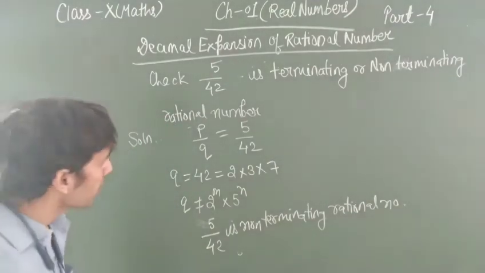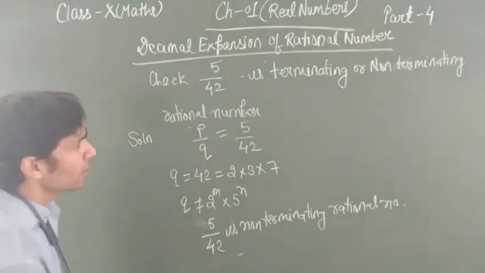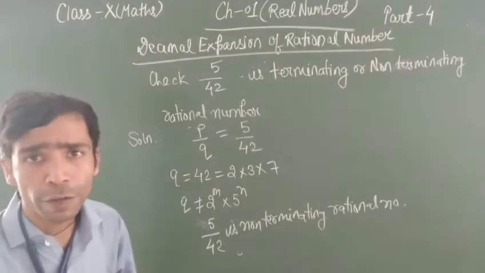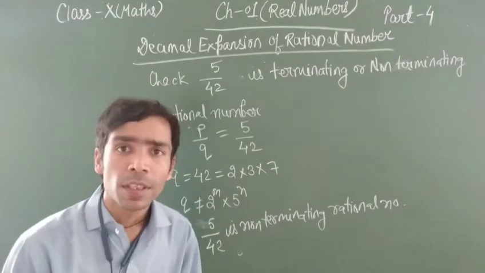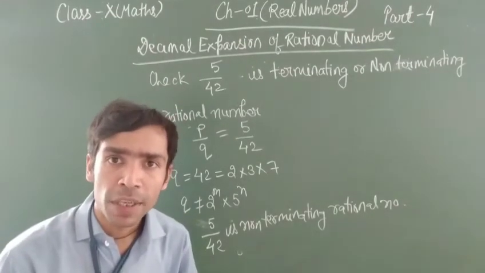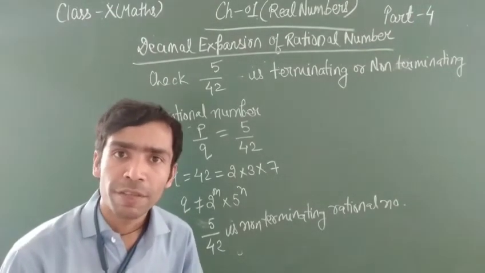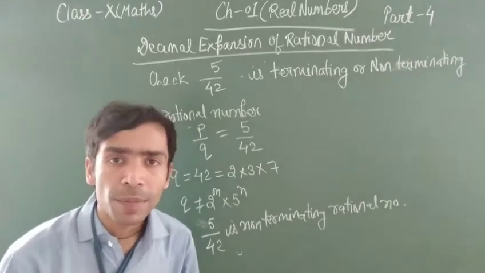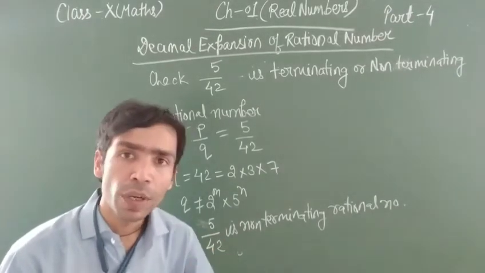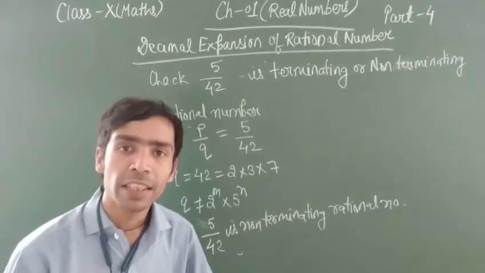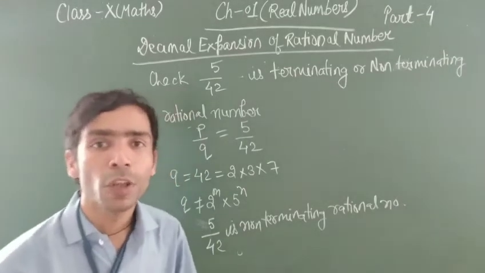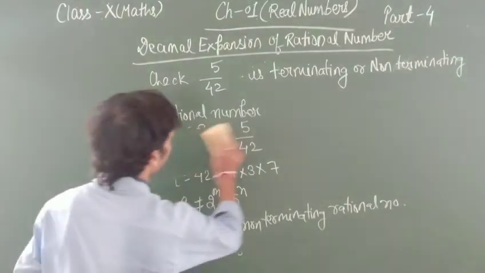One more example I can give you, so please note it down. You just have to do the prime factorization of q, then see what is coming in the prime factors of the denominator. If only 2 and 5 are coming, then it is okay, and if along with 2 and 5 any other number comes, then it will not be terminating, it will be non-terminating. Okay. One more question, student.